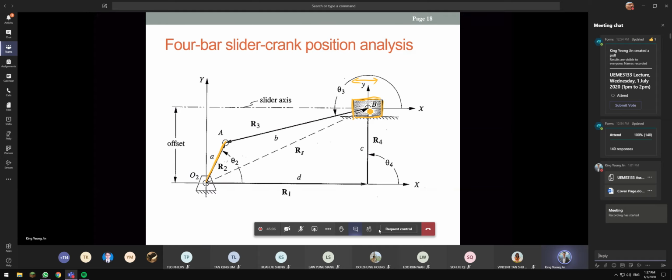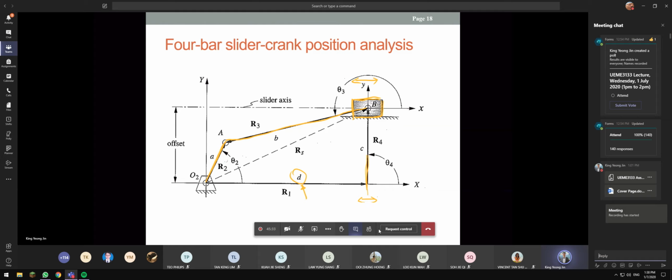The difference here is that now if you look at the D, this D now is not a constant value. This D now is moving, right? Because this point is moving back and forth because of the movement of the sliders.